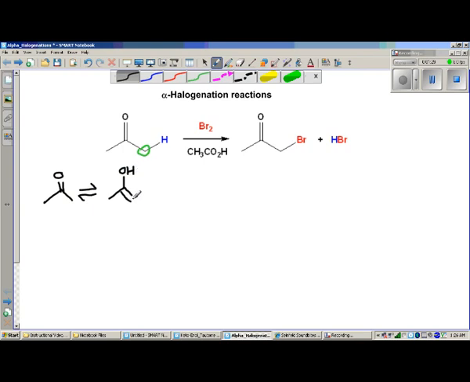If you need a refresher on that, look back at the keto-enol tautomerization video. What we're going to focus on here is what happens when we have the enol, which was generated in situ, and how that reacts with the bromine. So here's our bromine.